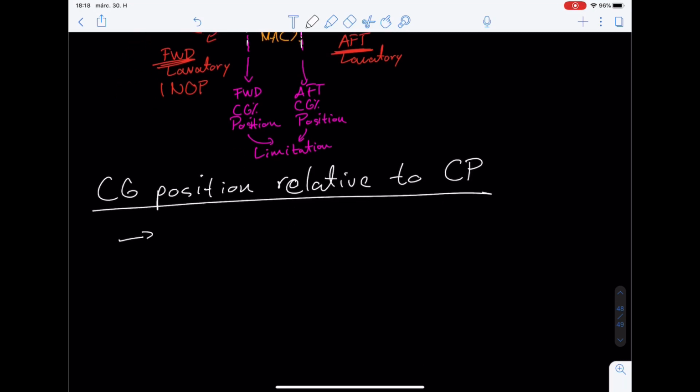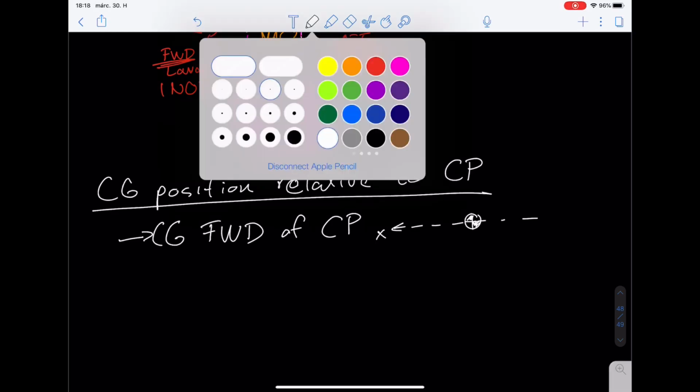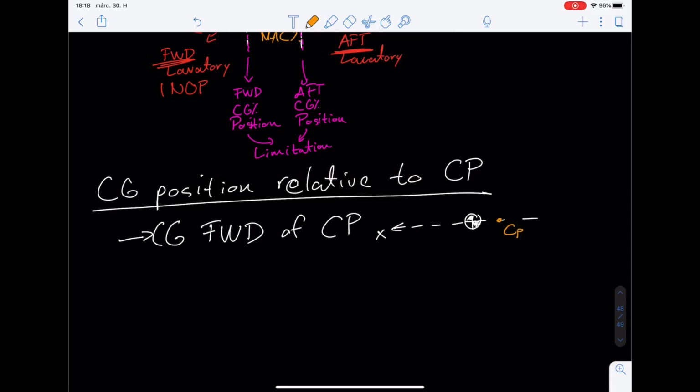And if the center of gravity is forward of the center of pressure, so here you have the longitudinal axis, here you have the center of gravity, and the center of gravity is forward of the center of pressure, so lift and drag, and then you would have the weight.